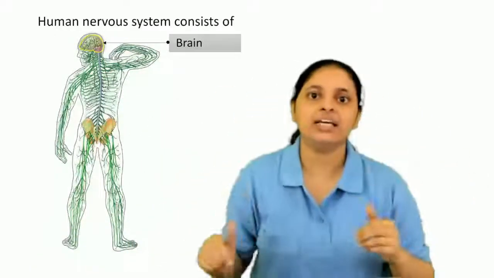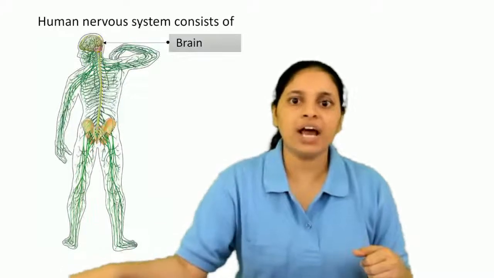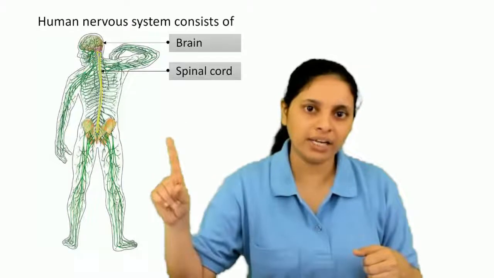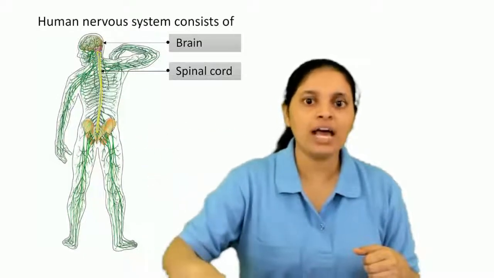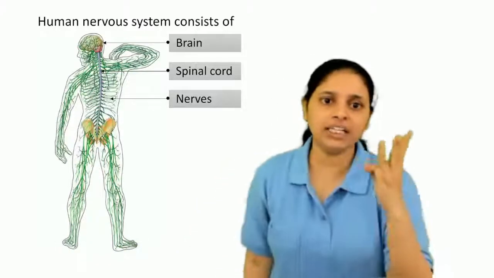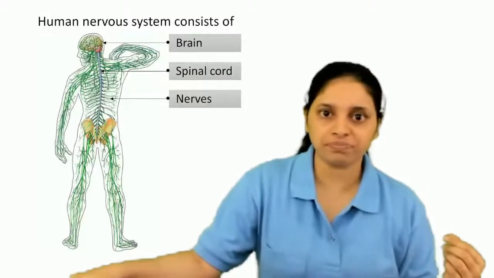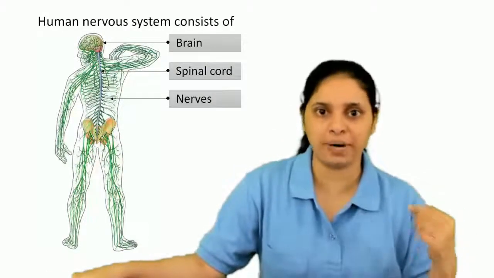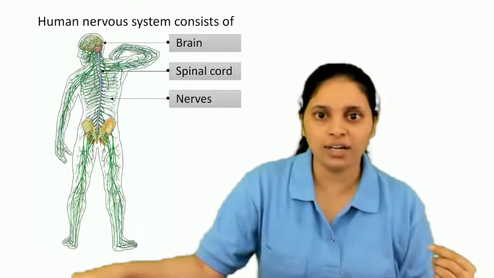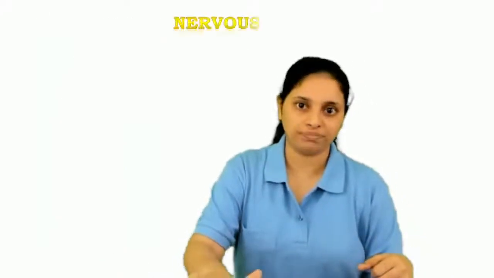Our brain is part of nervous system. Second, we have the spinal cord. दिख रहा है सबको? First, brain. Second part, spinal cord. And third will be nerves. ये 3 पॉइंट पहले याद रखने हैं सबको. Our nervous system consists of 3 main parts: brain, spinal cord, and the nerves which are spread throughout the body.